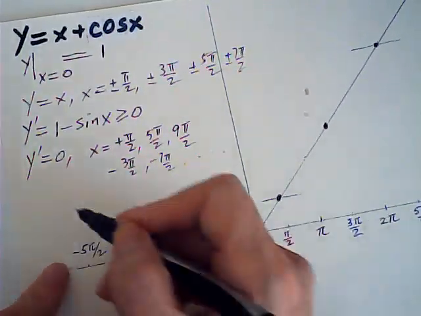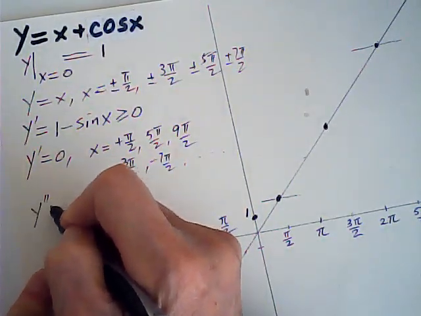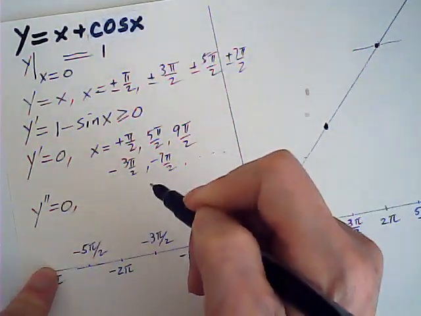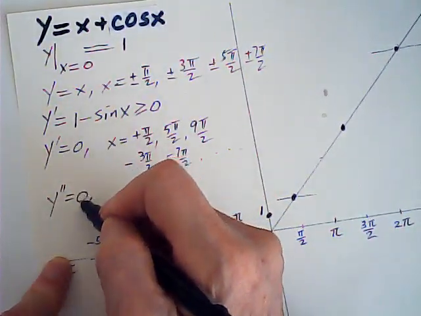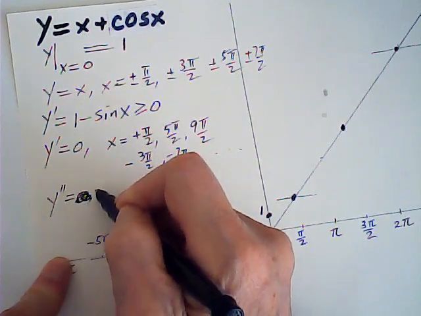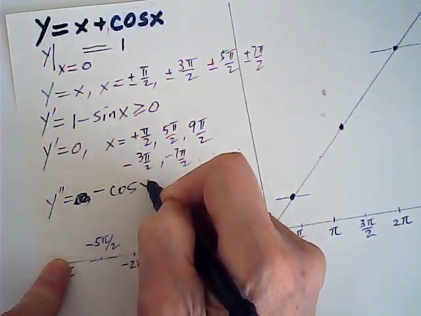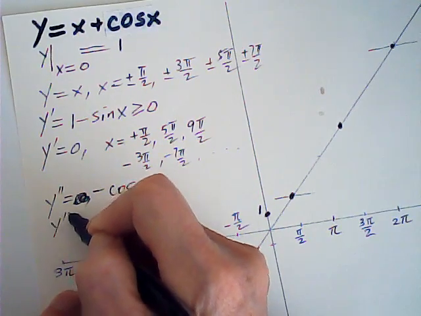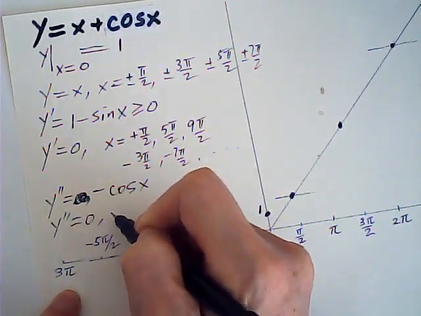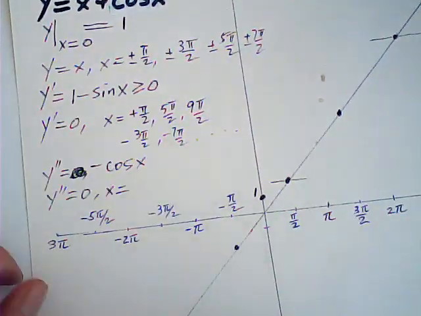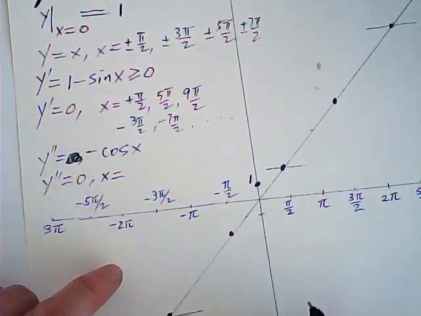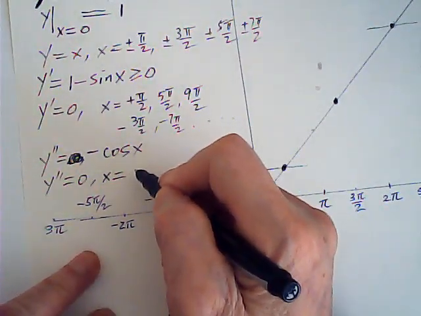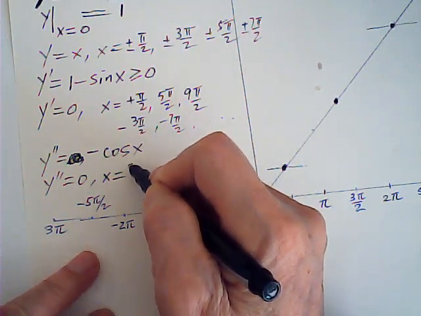Yeah, second derivative equal to 0. Now, the second derivative is what? The second derivative is negative cosine x. Second derivative equal to 0, x is equal to half pi, right?